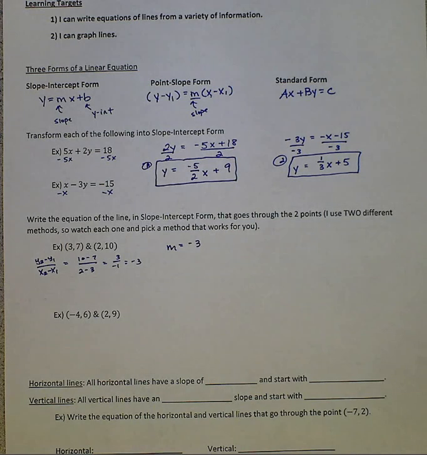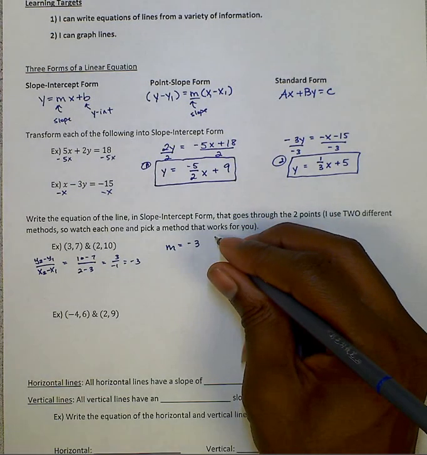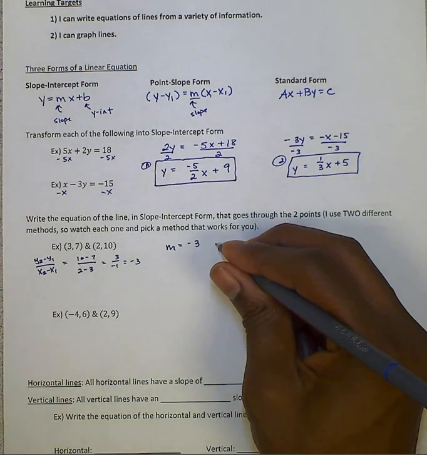In this first method, I'll use slope-intercept form. So in slope-intercept form, we will use the slope and one of the points. I'm going to choose (3, 7).